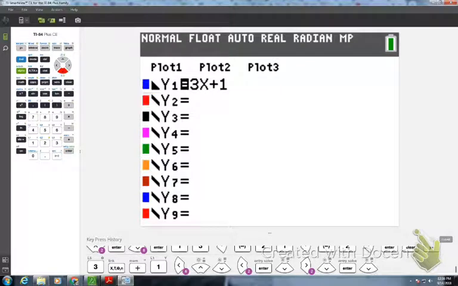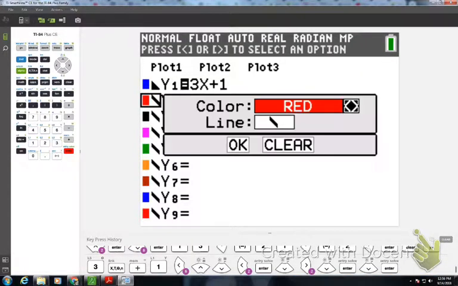And then for the next inequality, we'll have y is greater than negative 3x minus 3. So I want to change this to shade above that line.